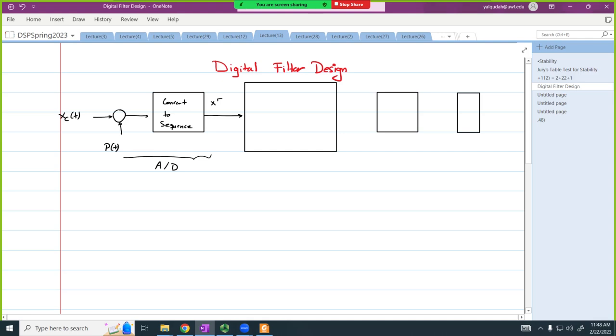At the output, we have a discrete time signal, x of n. This x of n is now inside my computer, or my microcontroller or microprocessor, and I can operate on it using this discrete time system.